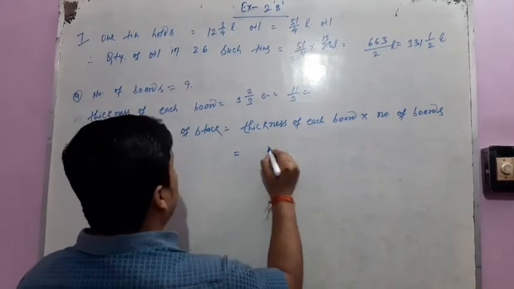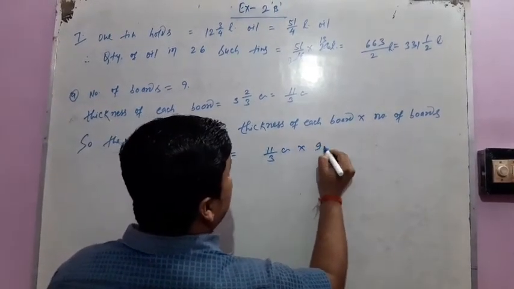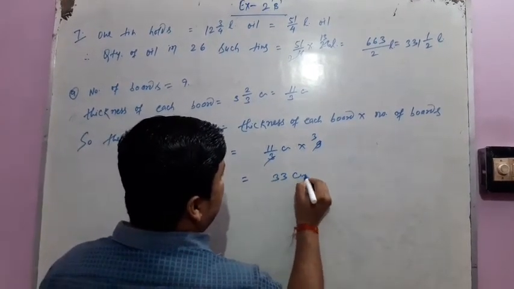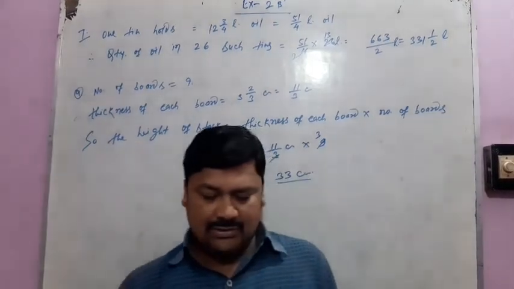So the thickness of each board is here 11 by 3 centimeter and the number of boards is here 9. 3 3 is 9. So the height of the stack is 33 centimeter. Okay. Now the next question.